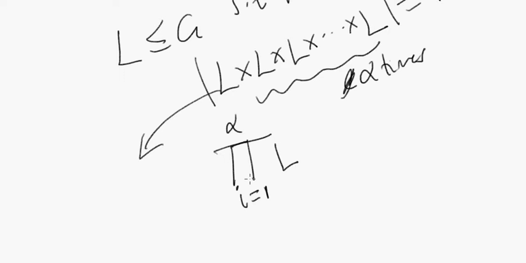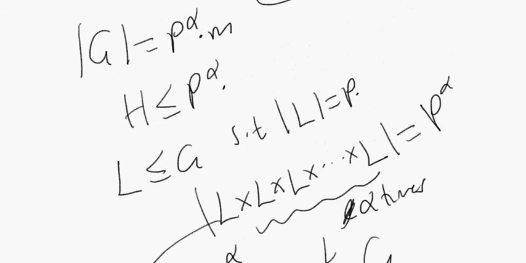Well, this is all well and good, but is this even a subgroup of G? Does it have to be? Is L cross L a subgroup of G? It's unclear again.